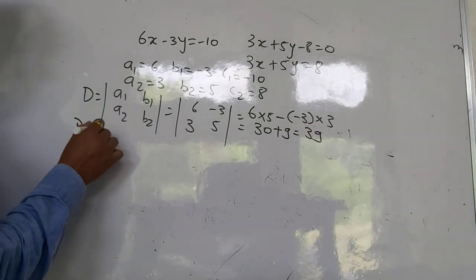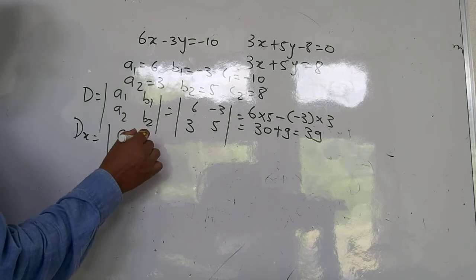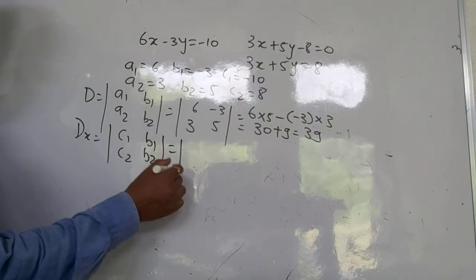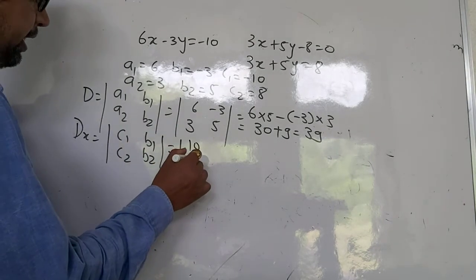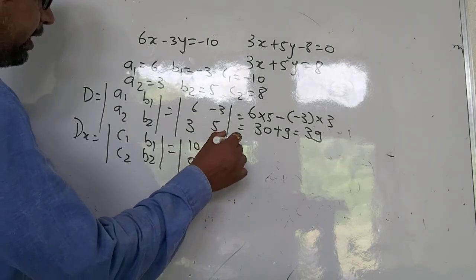Now you find Dx: c1, c2, b1, b2. c1 is minus 10, 8, minus 3 and 5.